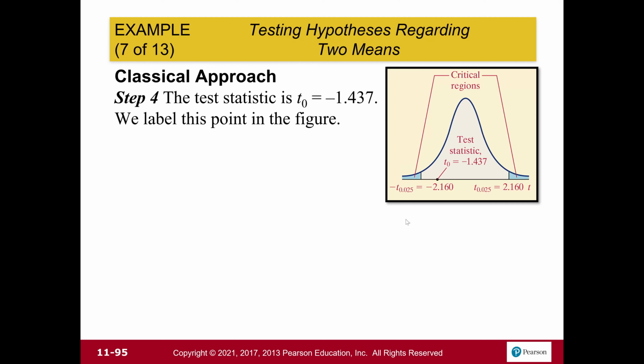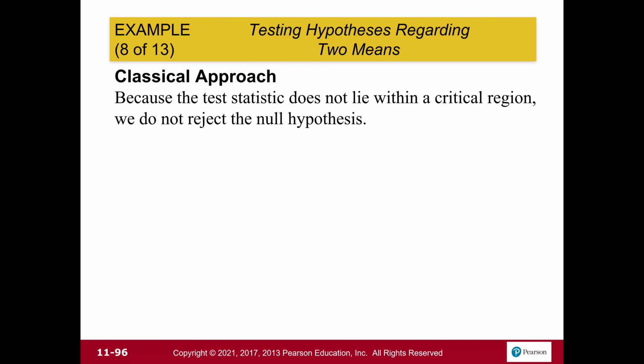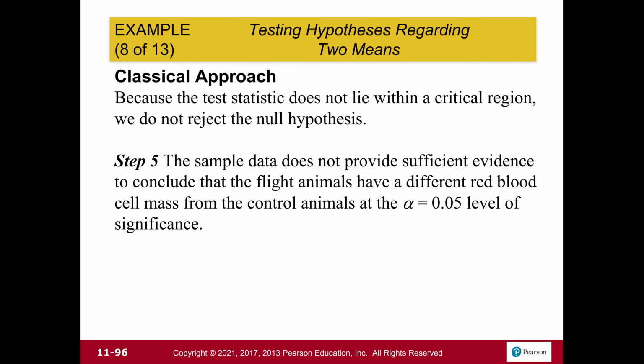We did not collect enough evidence to reject the null. We can't accept the null, it's just that we failed to reject the null. There may not be much difference. And so since the test statistic does not lie in that critical region, we do not reject the null.